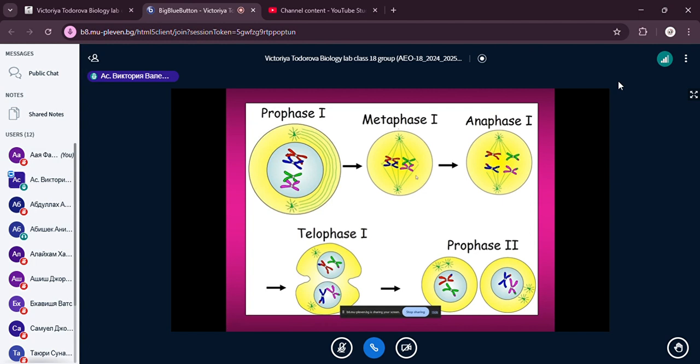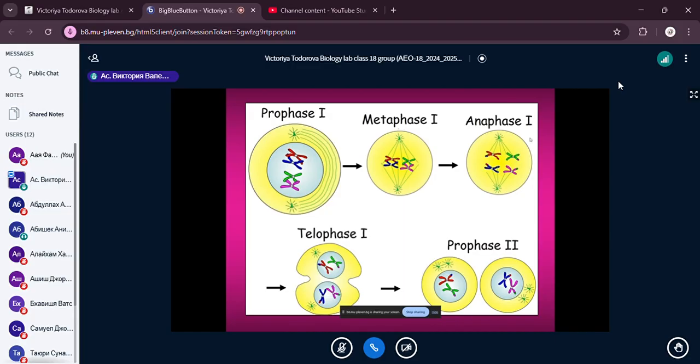We can say that in metaphase 1, there are 23 bivalents or 23 tetrads, as you can see here, the tetrads at the equatorial plate. And the spindle fibers, after coming in anaphase 1, separate these tetrads randomly and move them to the opposite poles of the cell.